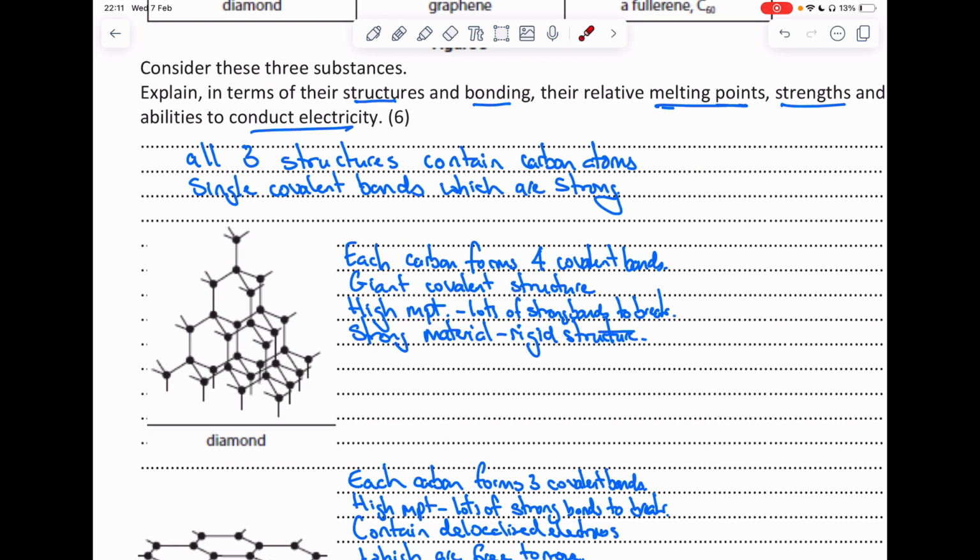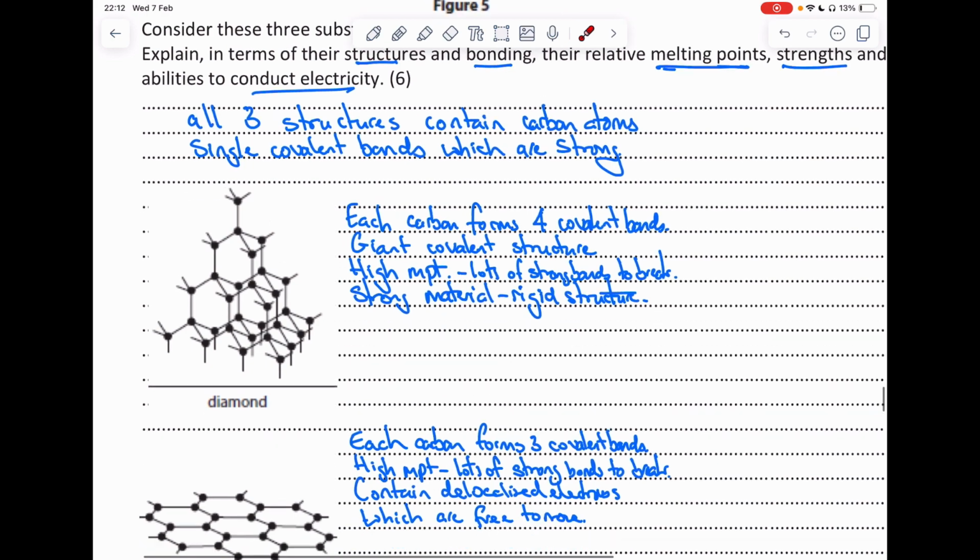It has a very high melting point because there's lots of strong covalent bonds which require a lot of energy to break. And this is a strong structure because it makes it very rigid because each carbon is bonded to 4 points. So here, these are the bullet points I need to include in my answer.